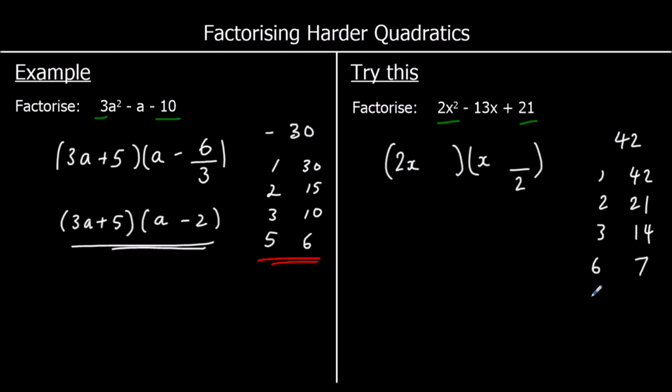Only 6 and 7. And it's going to be both negative. I'm going to put the 6 over the 2, and again, that's because I can divide 6 by 2. So I've got 2x minus 7 and x minus 3.